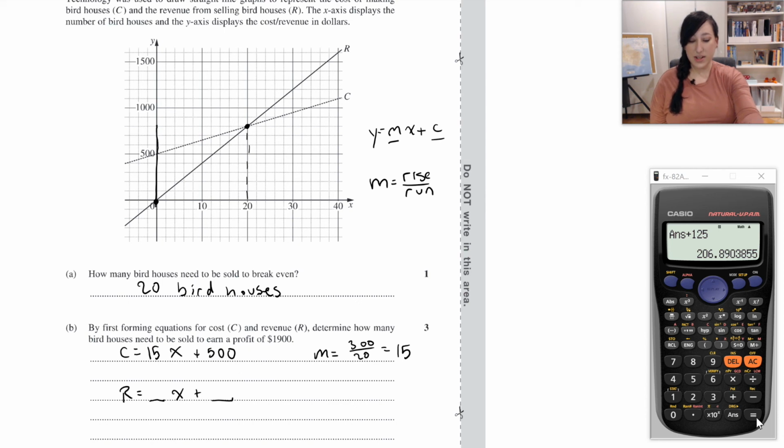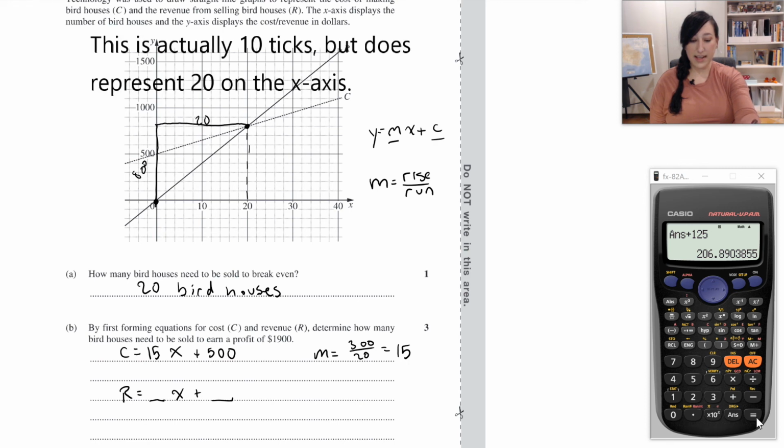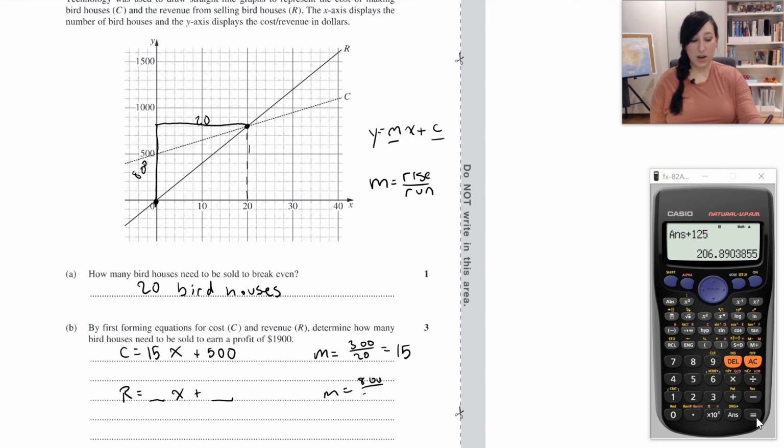That is 800 on this axis, and across 20, which again is 20 on the x-axis. So the gradient is 800 over 20, which is 40. So R equals the gradient 40 times x plus the y-intercept. We can see that for the revenue line, the y-intercept is 0. We could write plus 0, but we really don't have to write anything for that. We would normally just write R equals 40x.